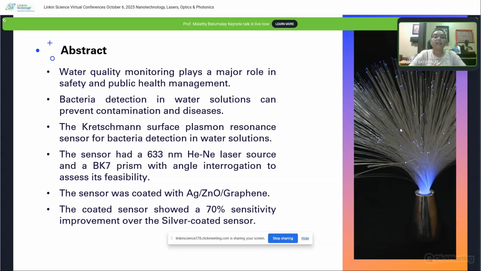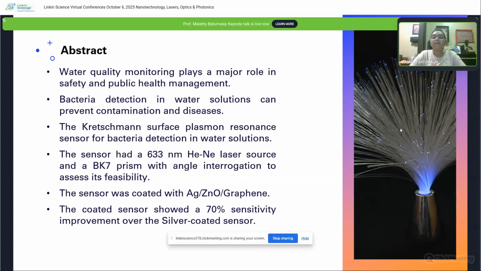The setup that we have built is called the Kretschmann surface plasmon resonance sensor, which can be used for bacteria detection in water solution. The source that we are using is a 633 nanometer helium neon laser source, and we are also using a BK7 prism with angle interrogation to assess its visibility.